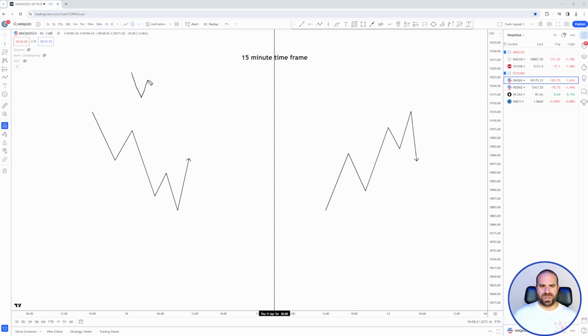On the 15-minute time frame, I want you to identify a fair value gap. This is a fair value gap right here. Actually, the highest fair value gap of the most recent leg. This leg might have multiple fair value gaps, you don't care about that.